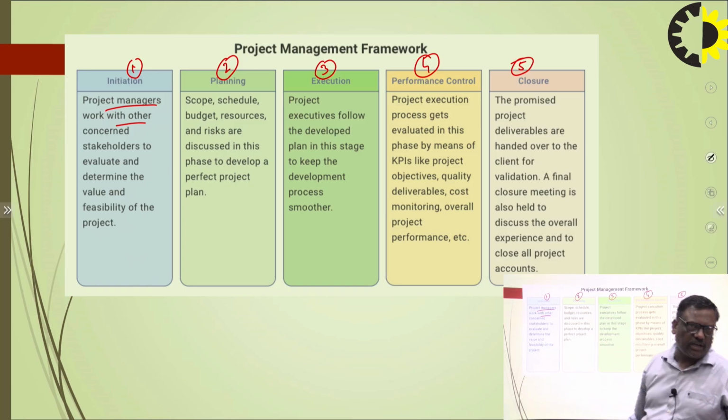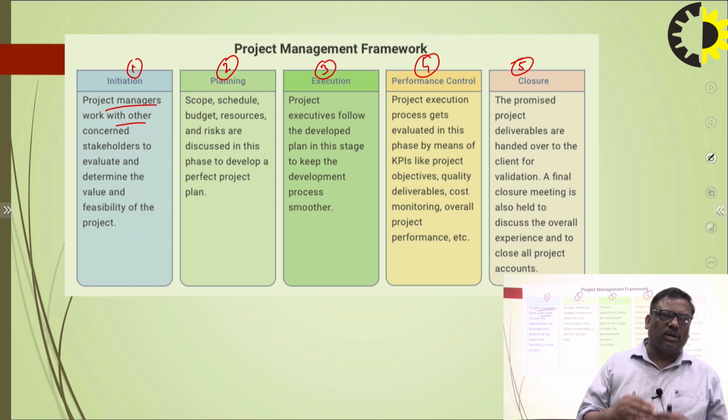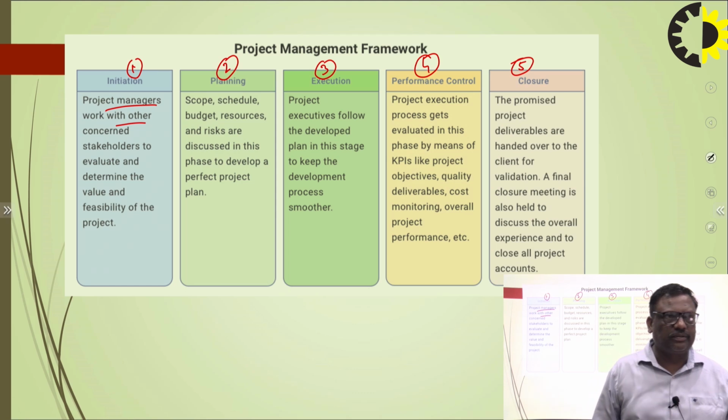The second one is scope, schedule, budget and resources, which come into risk analysis also, and we discuss the phases. A whole project is divided into a number of phases, with development process and monitoring, and how we can plan to complete our sub-objectives.